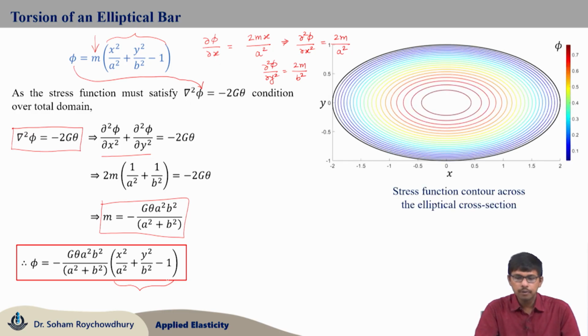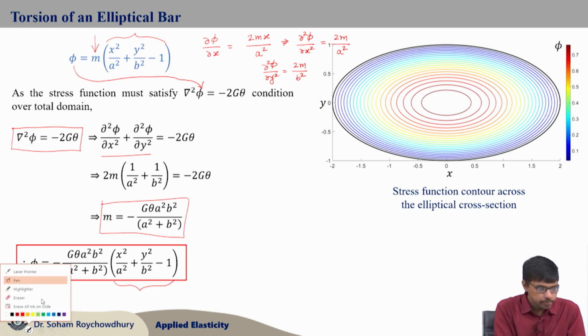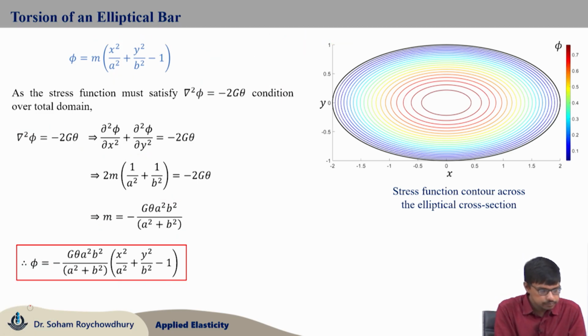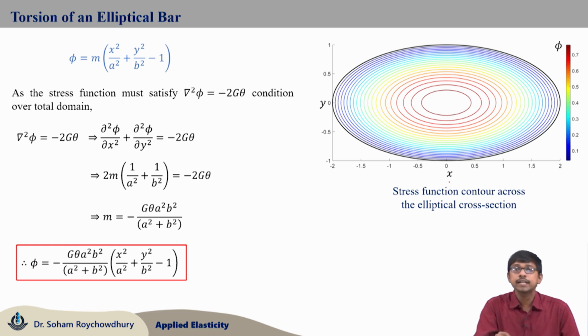Now if I plot this Prandtl stress function over x and y, here you can see over the elliptic boundary I have plotted phi for different sets of values of x and y. All these are equations of ellipse. As you keep on choosing different values of x and y, you get the stress function contours.